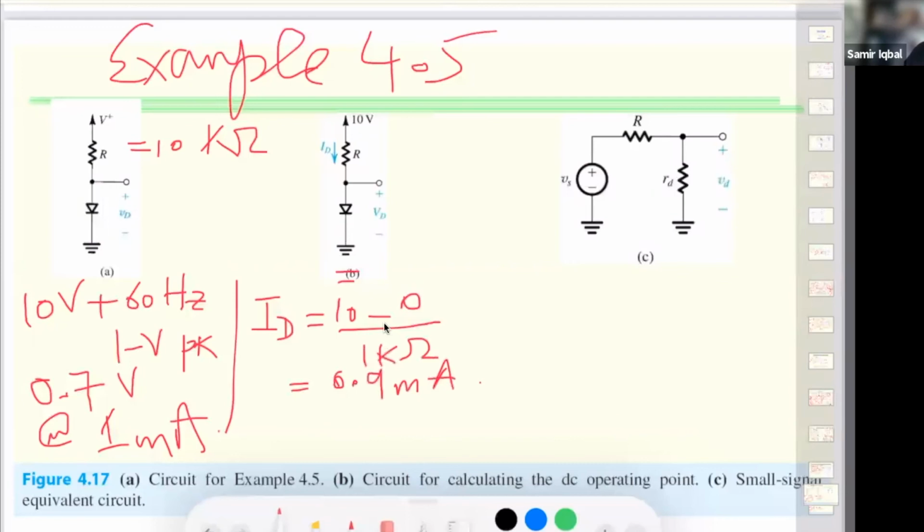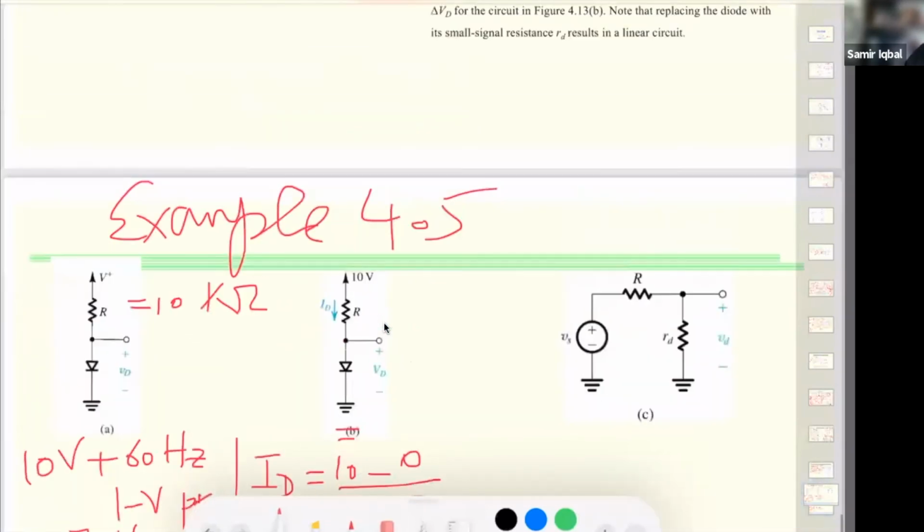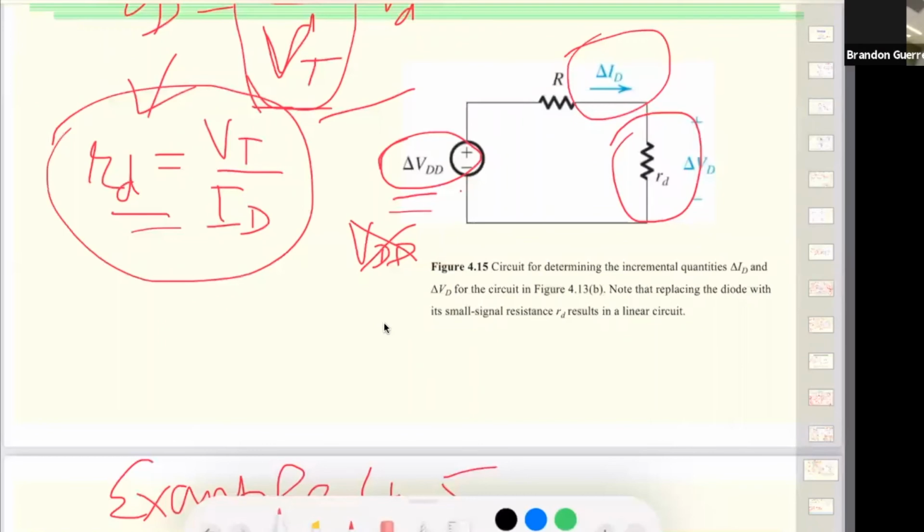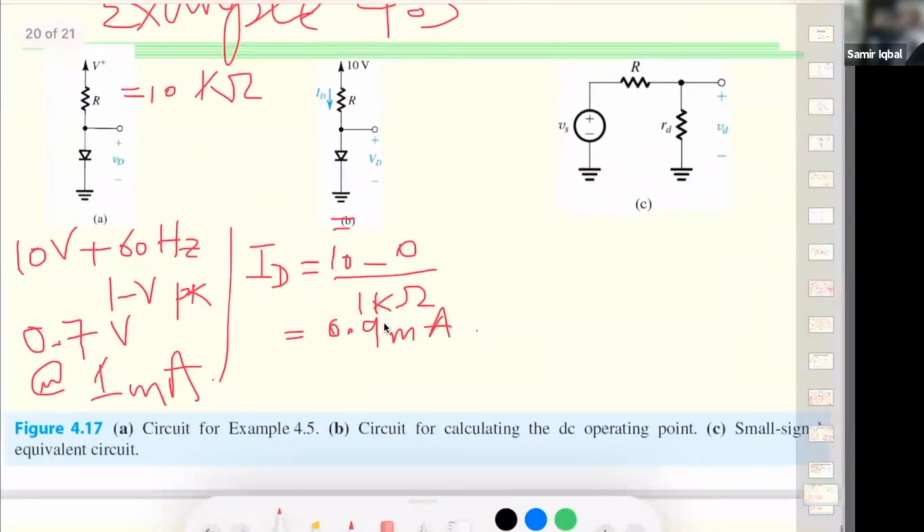Now, what is the diode resistance? Can we find it from this? Remember how we calculated diode resistance? VT over ID. So can I find RD?